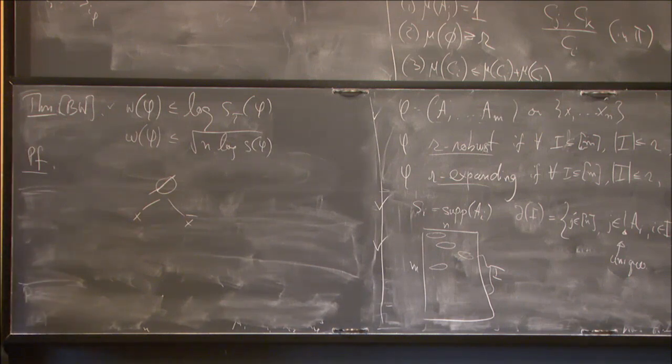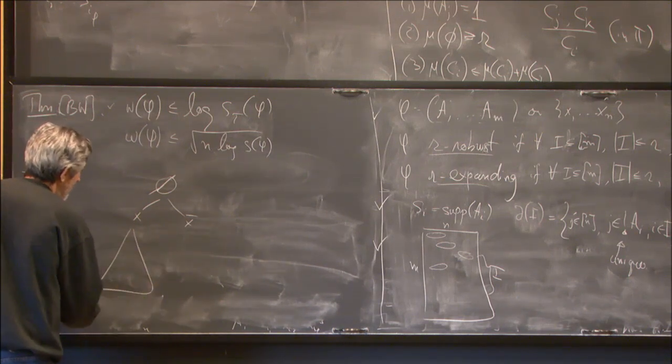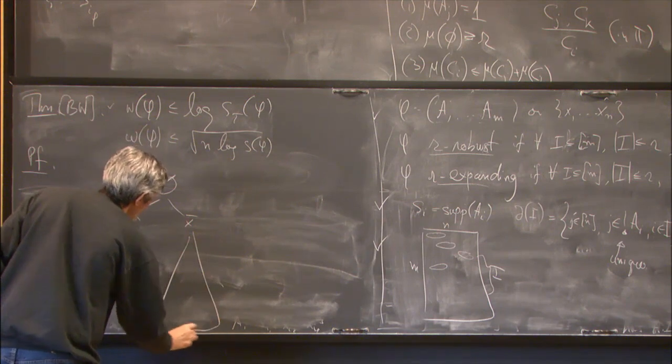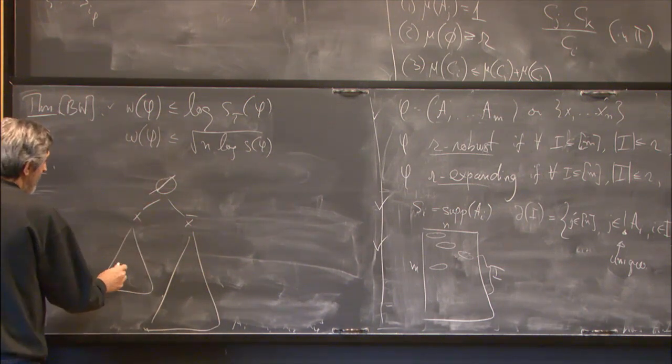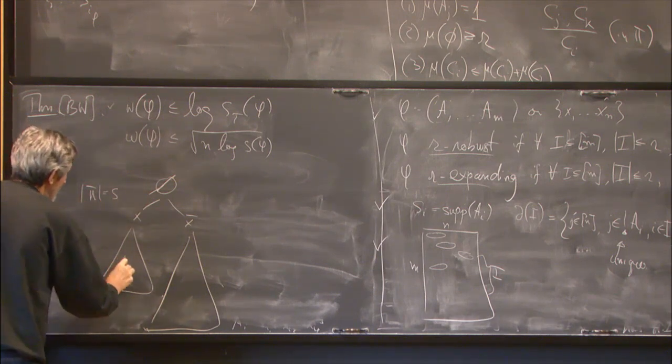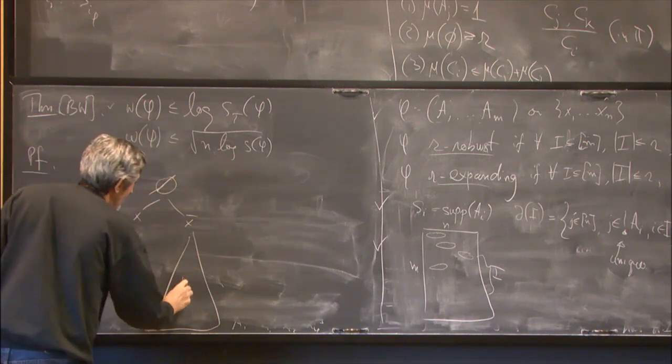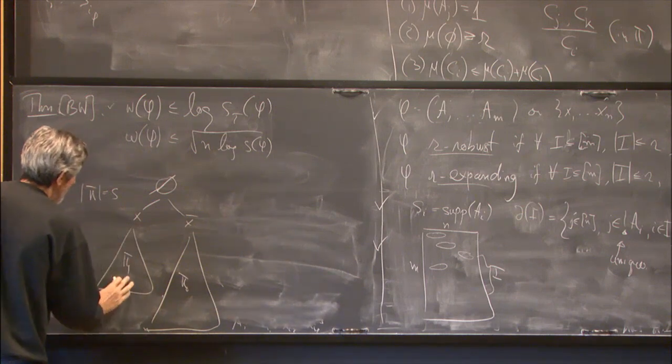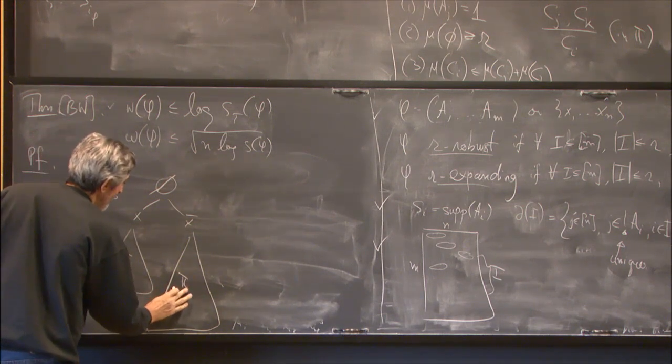So this is pi, and pi is of length S. So let's call this pi 0 and this pi 1.